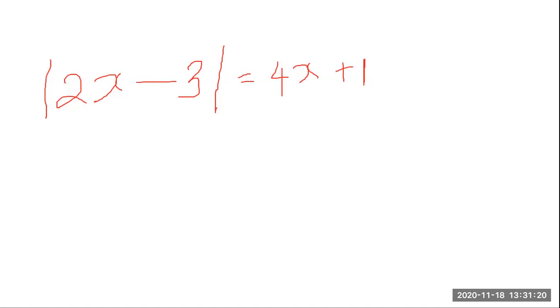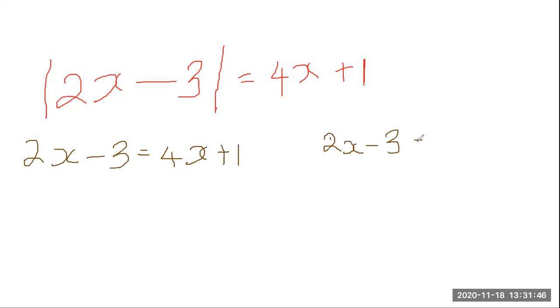Recording right here. So my 2x minus 3 would equal the positive of it. So I just keep it the same. And then I would also have 2x minus 3 equals the negative of the whole thing.